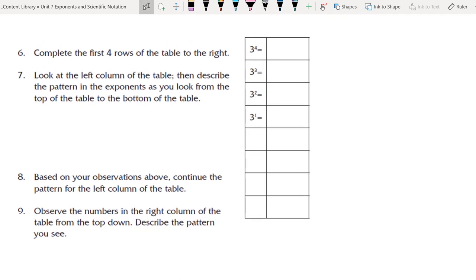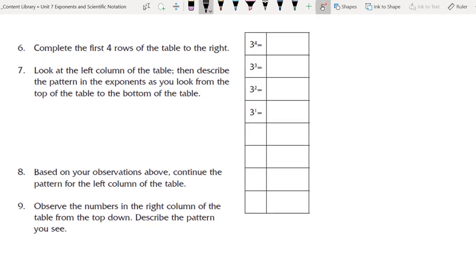So this is 3 times 3 times 3 times 3. It's 81. 3 times 3 times 3, that's 27. 3 times 3 is 9. 3 to the 1st is 3.